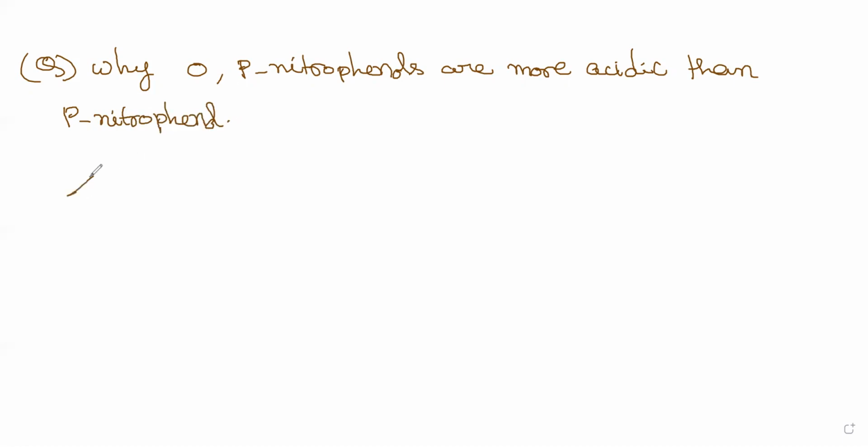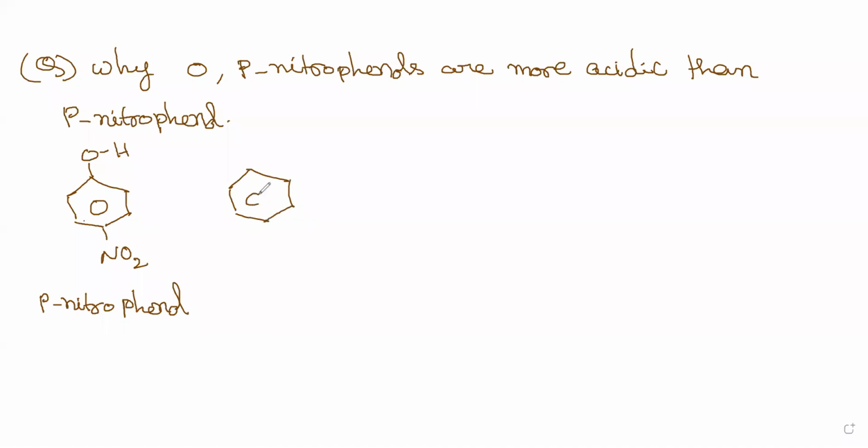First of all, you have to understand what is ortho-nitrophenol and para-nitrophenol. This is para-nitrophenol, and this one is ortho-nitrophenol, where the nitro group is at the ortho position. And this one is meta-nitrophenol.